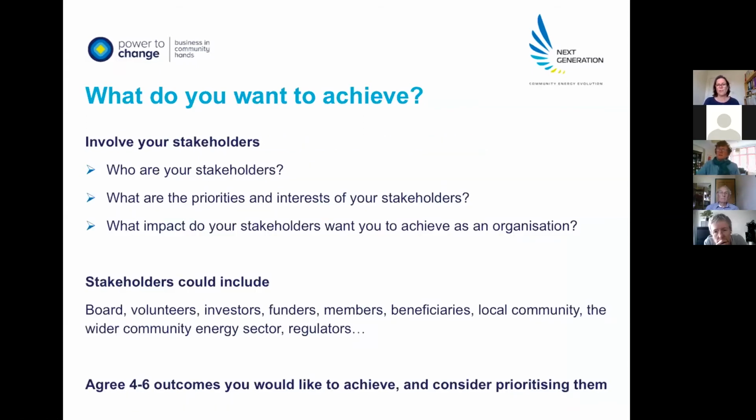I've spoken a lot about what you want. At this stage, you might also be thinking about how you might involve your stakeholders. So who are those different people who are interested in your organisation or have a stake in what your organisation's doing? They could be board members, your volunteers, your investor members, could be funders. You may have, in fact, already effectively committed to delivering certain sorts of impact because of the funding that you've agreed to take on.